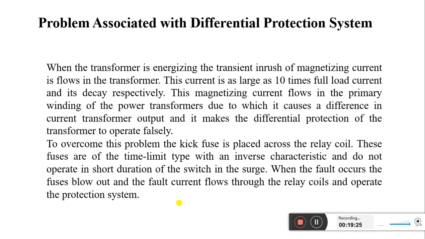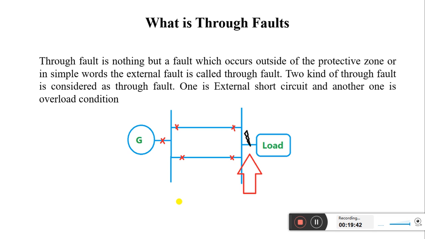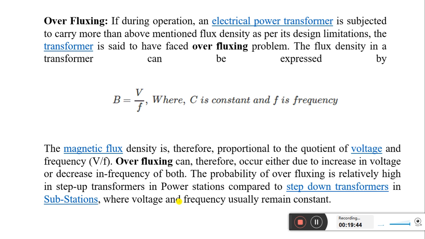So today in this class we have discussed the different types of faults that may happen in transformers, and among those faults we have defined the through fault and the overfluxing fault.